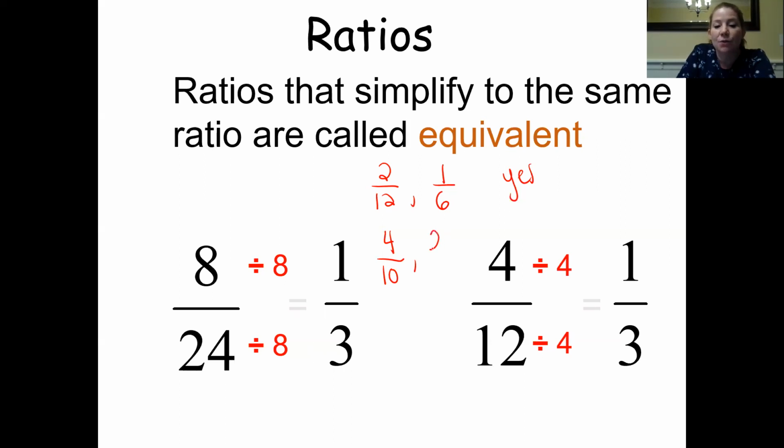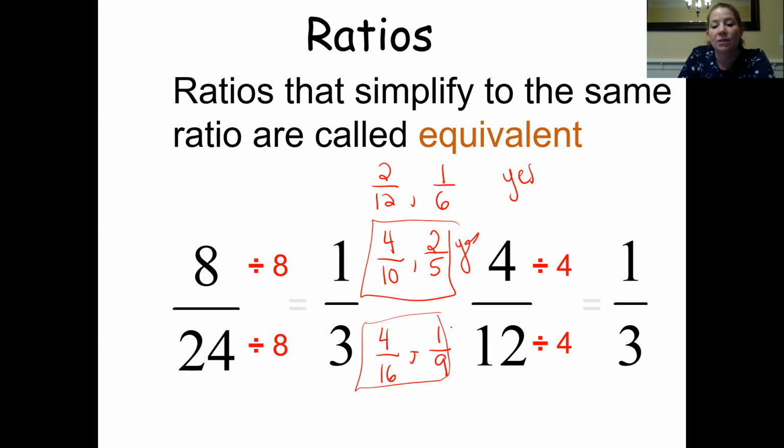Are these two ratios equivalent? What about this one? Yes. What about this one? No, because to simplify, that would be 1 to 4, not 1 to 9.